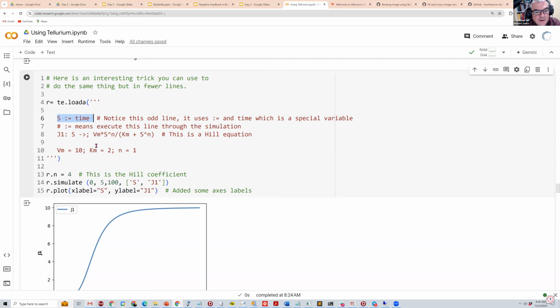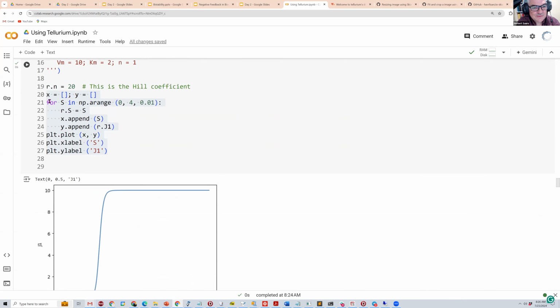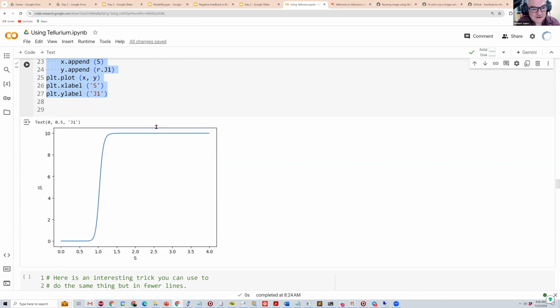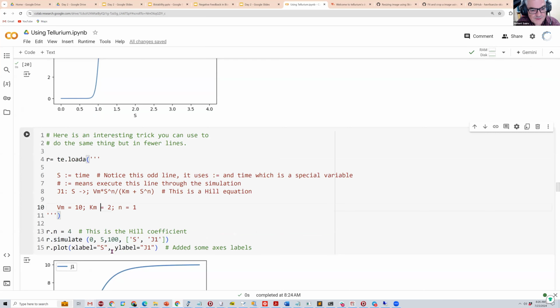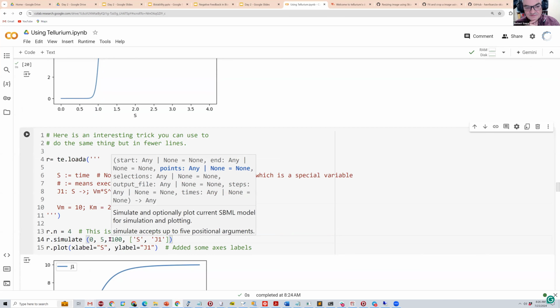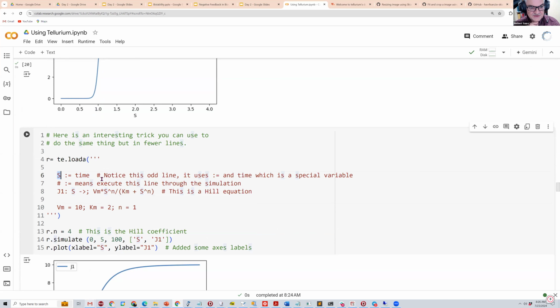I have the same line as before. This is the same rate law, initialize some things, but now I do something different. I now run a simulation. I'm not building a list up and appending stuff. I'm doing a simulation because I can interpret the time in this simulation, 0 to 5, as the concentration of S because of this line.